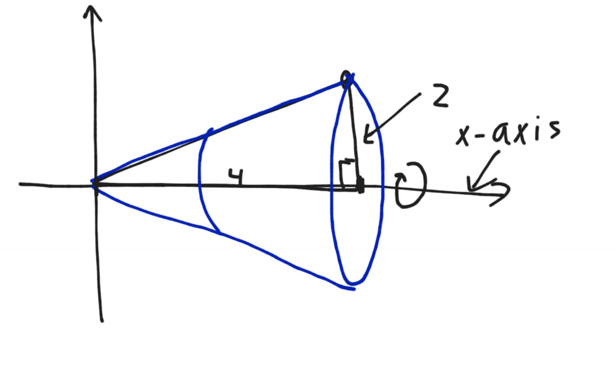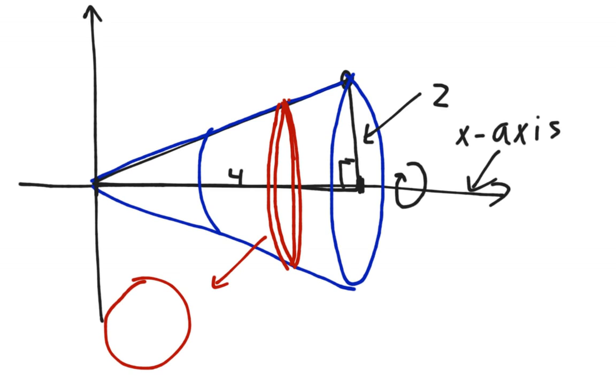Follow what I do. We're going to take this and cut out a slice of it. If you can imagine taking a knife and cutting this, we're going to cut out a disc shape like that. So we're taking out this red piece, and it's a disc with a very thin width.